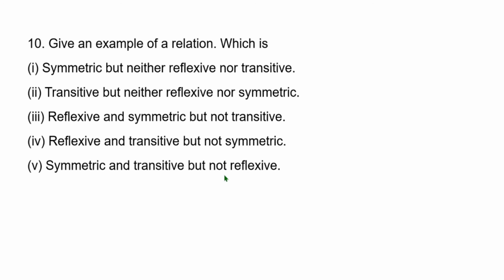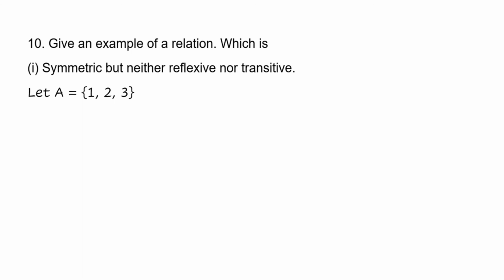We will do each subdivision one by one, and for all these cases, let us take the set A equal to {1, 2, 3}, and let us define a relation R in A.